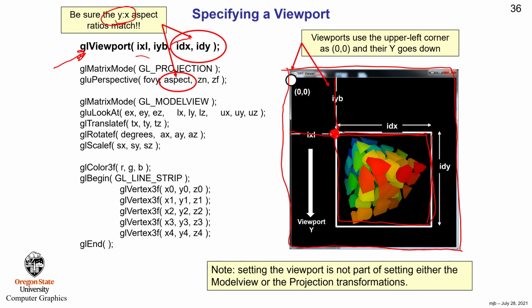The x divided by y here has got to be the same as the x divided by y aspect ratio there. Otherwise, you're going to get distortion. If you're doing a cockpit window, your aspect ratio in the perspective call may be 3 to 1 wider than tall, but then your viewport had better be 3 times wider than tall. Otherwise you get distortion, and yep, you'll recognize it, that your scene is now scaled in a funny way.